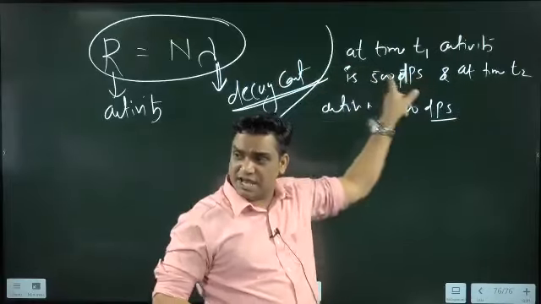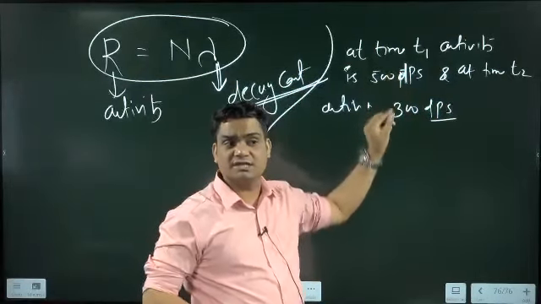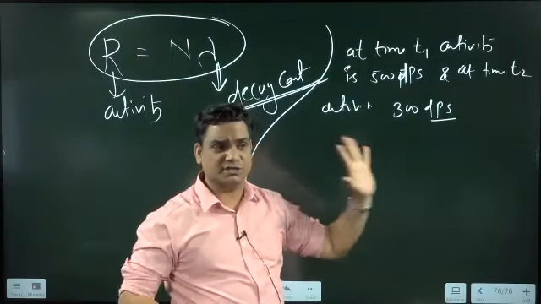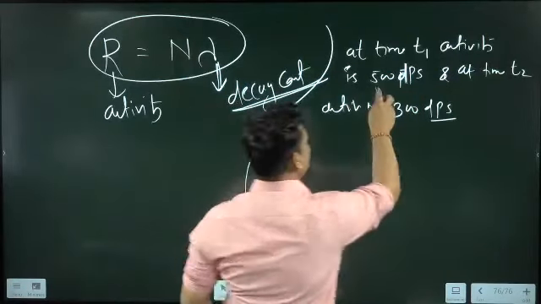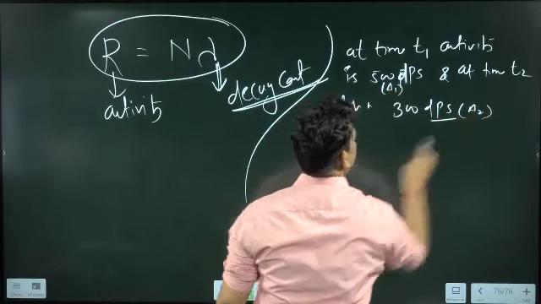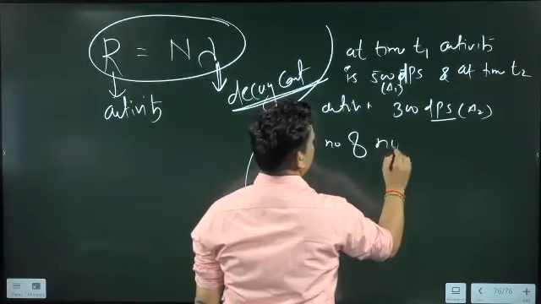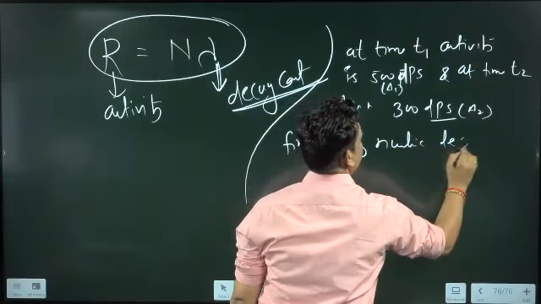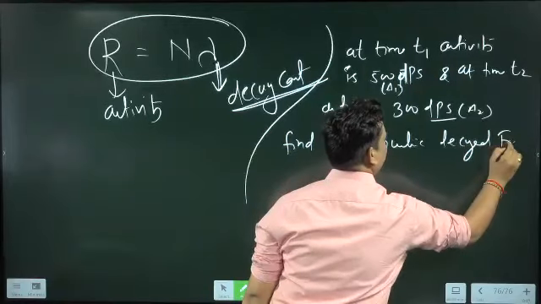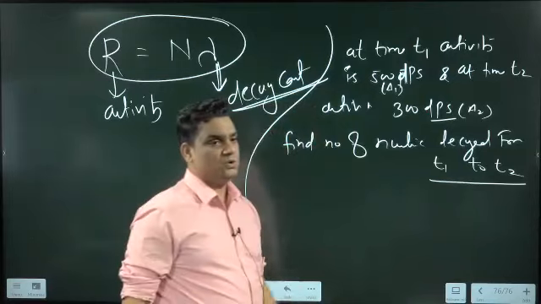That activity was A1, and here at time t2 activity is A2. I'm taking the numerical. Find the number of nuclei decayed from T1 to T2. How many nuclei will be decayed from T1 to T2?